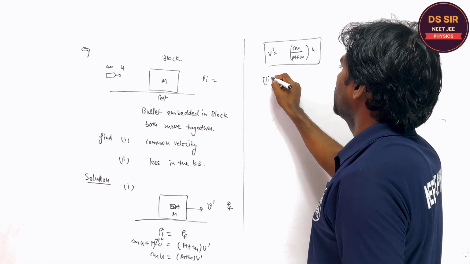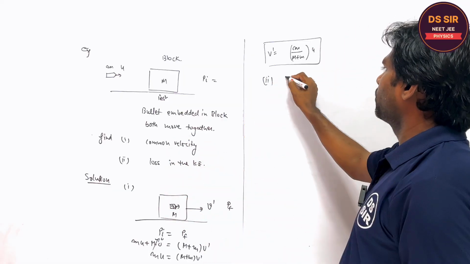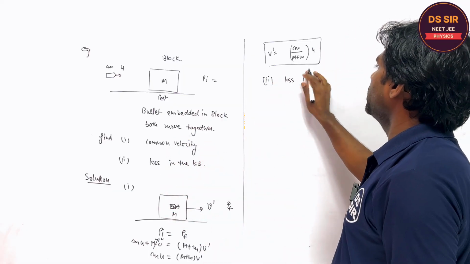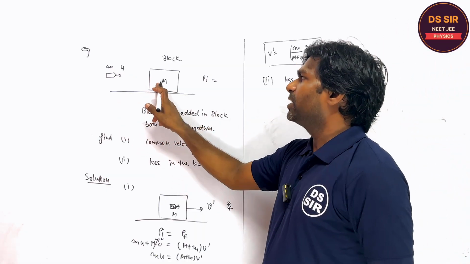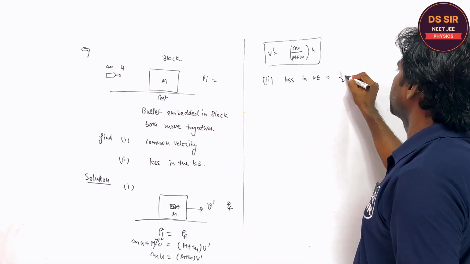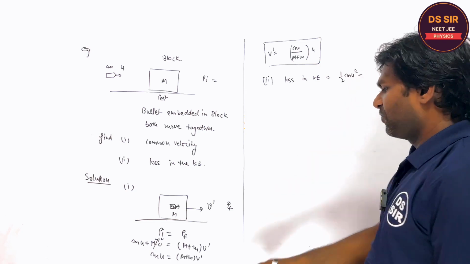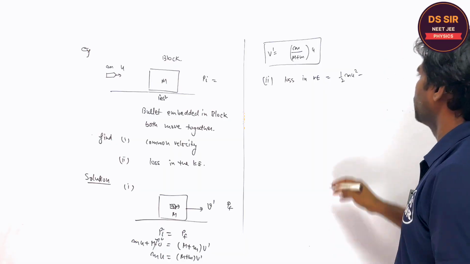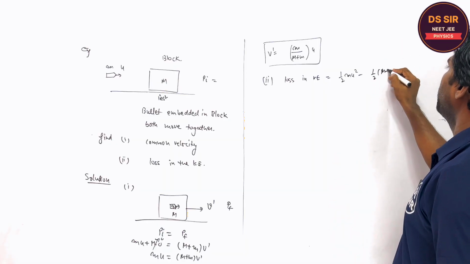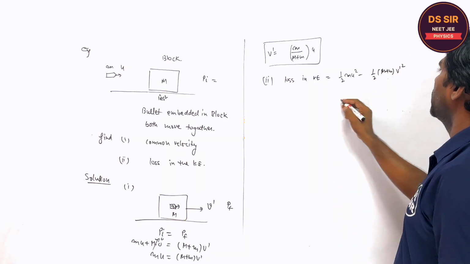The second part, the loss in kinetic energy we have to find. So the loss in kinetic energy is equal to initial kinetic energy, it has the 0 kinetic energy for the block, minus final kinetic energy. This system of block and bullet are moving with v dash, half M plus m v dash square.